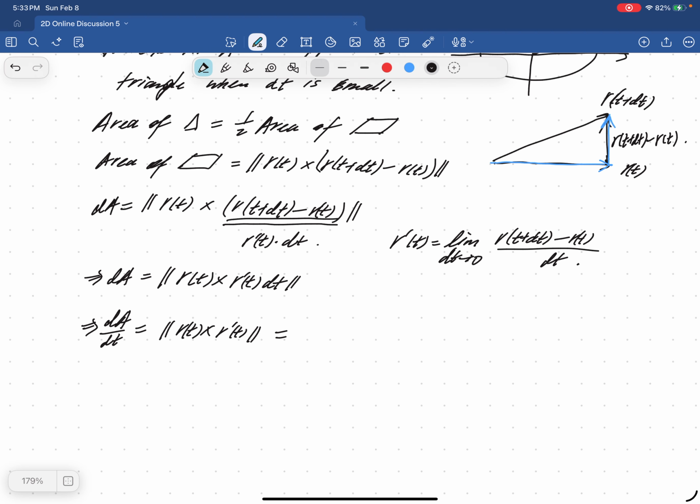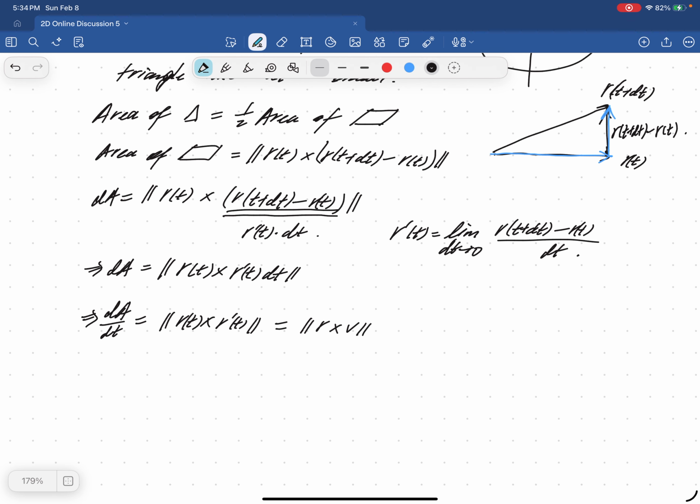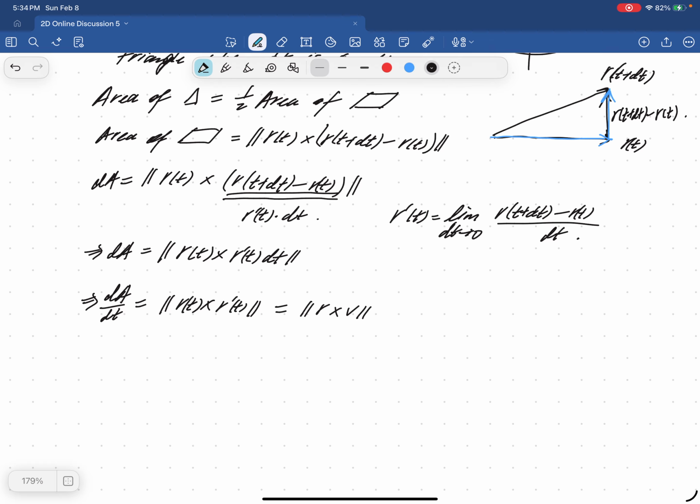So this is just the size of r cross v, where v is my velocity. But in the first problem of this discussion, we showed that in such a scenario, r cross v is constant because this is my angular momentum and it's conserved.